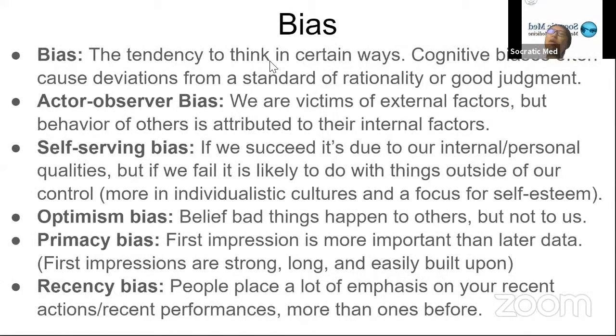Going on from how we want to present ourselves in front of others, there is the term bias, which is the tendency to think in certain ways. Cognitive biases often cause deviations from a standard of rationality or good judgment in how we view others. The actor-observer bias is similar to the fundamental attribution error: we are victims of external factors, but the behavior of others is attributed to their internal factors.